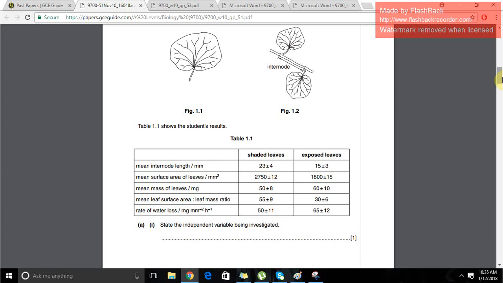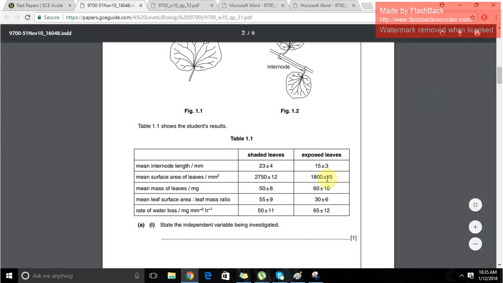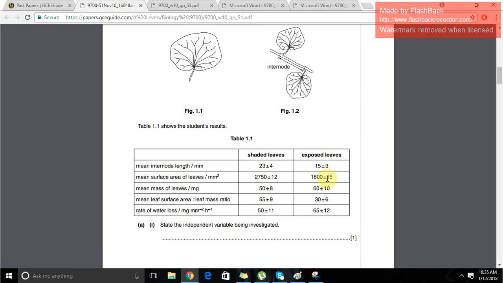Once more, there is a definite difference and there is no overlap, with or without considering the standard deviations. And the standard deviations aren't that huge to begin with, considering that 12 isn't very huge compared to 2750. So mean mass, 50 compared to 60.